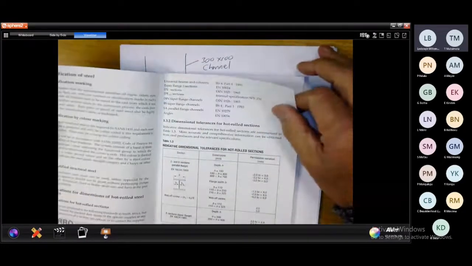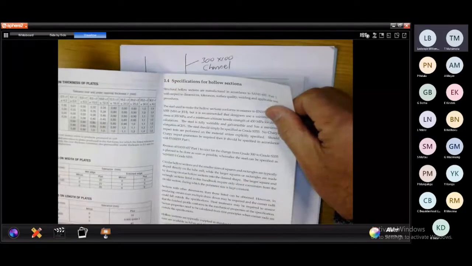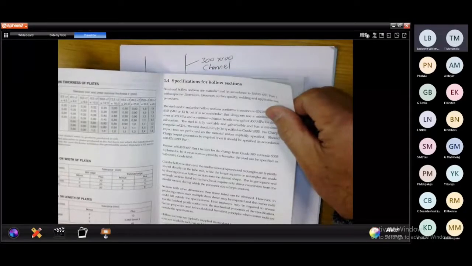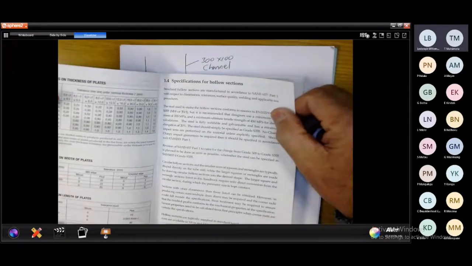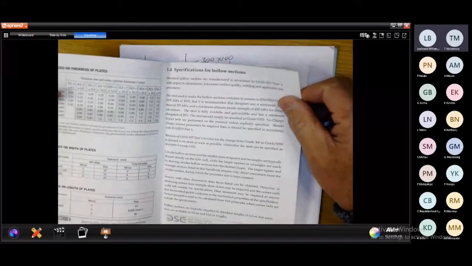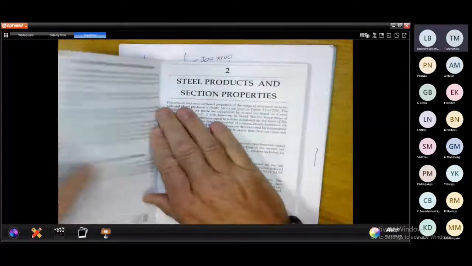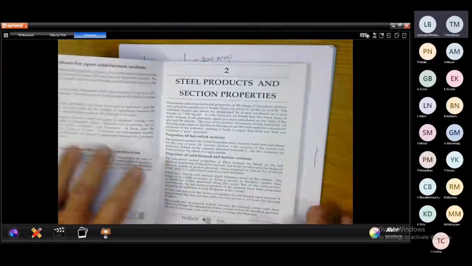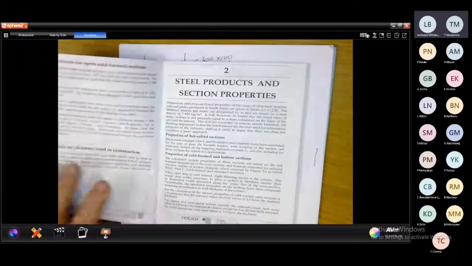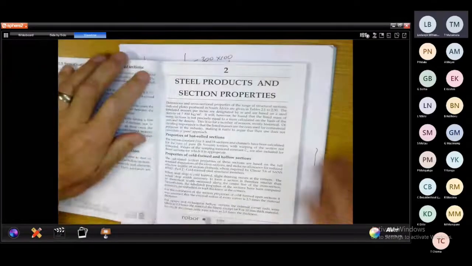We will not touch on the first chapter here, but you can go through it. There's a lot of things like the tolerance on your thickness of plates, also with your final design drawings. Where we will be going is the second part of the book, what we call the sections and the properties. That is what we will do.